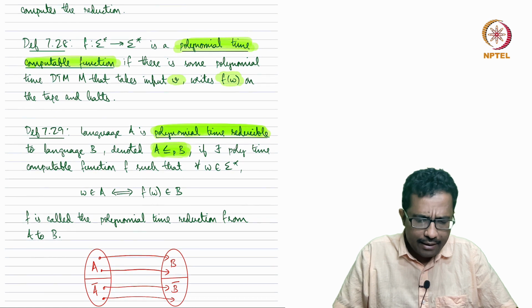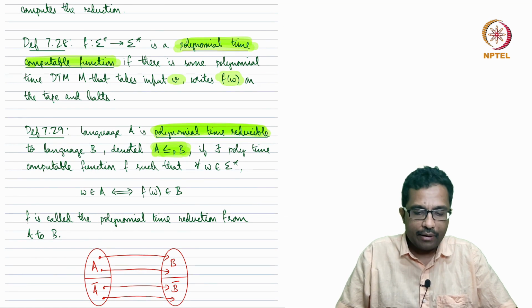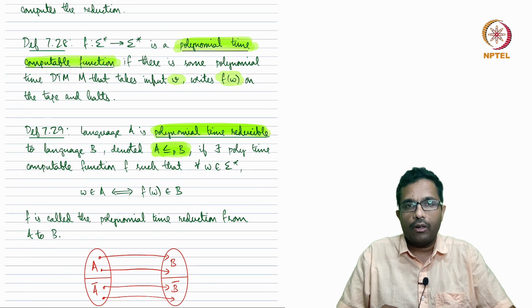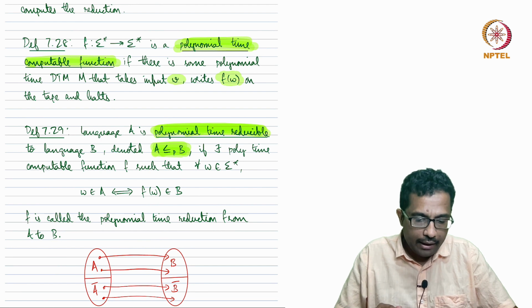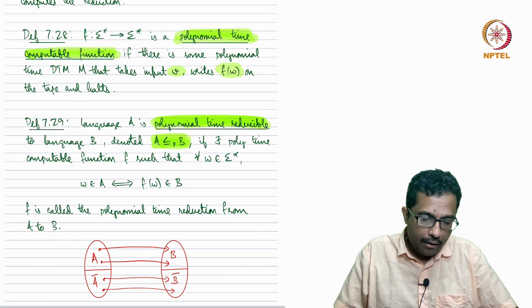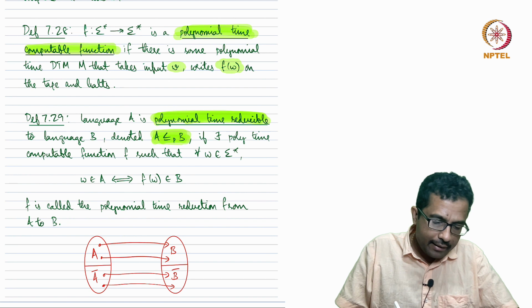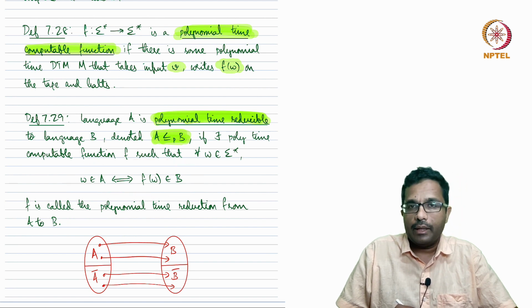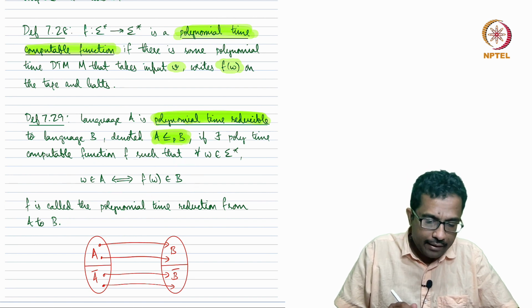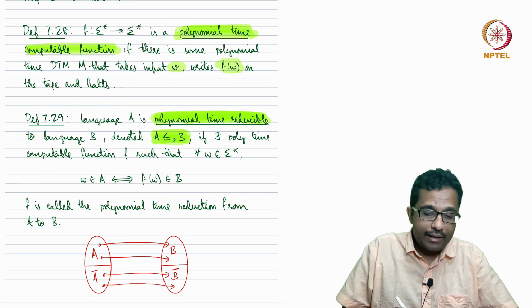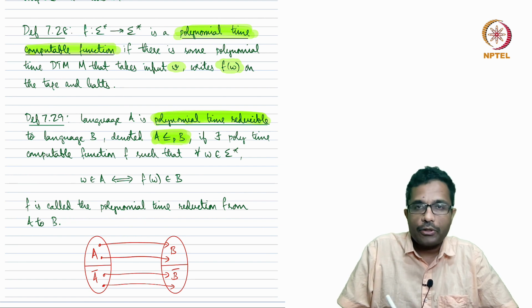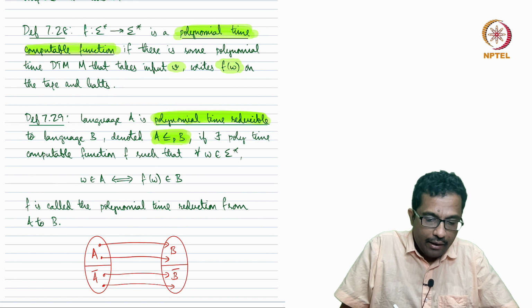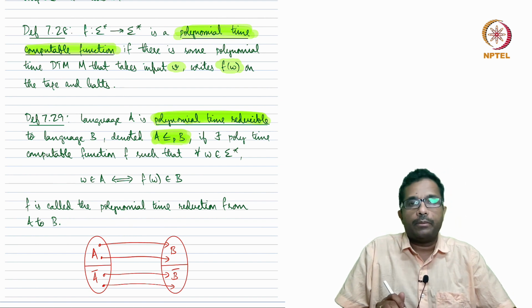This is very similar to the notion of mapping reductions or many one reductions that we saw in chapter 5. Even there we had that if w is in A, then f of w is in B. The only difference is that here we are insisting that the function that constitutes the reduction, the function f, should be polynomial time computable.